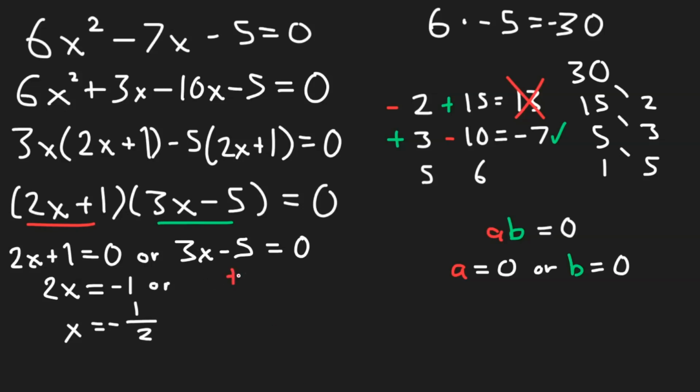The next step is to add 5 to both sides. Then we divide both sides by 3. The other root of this equation should be 5 over 3.